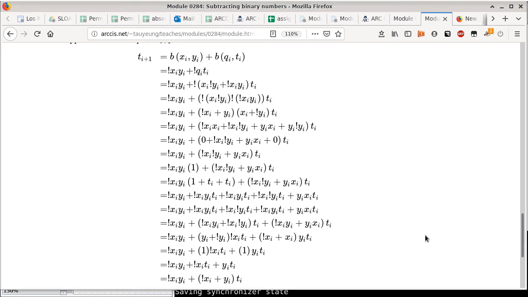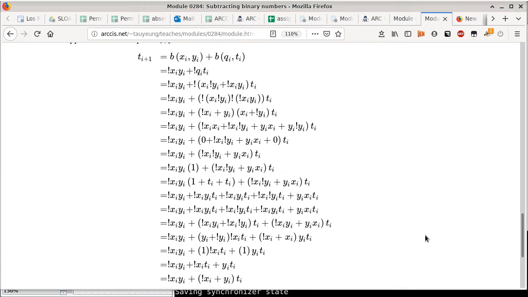First row to second row, that's just how the B function, the borrow function, is defined. From the second row to the third row, that's just how Q is defined. We expand Q. From the third row to the fourth row, we are using De Morgan's law. I take this negation on the outside and the conjunction on the inside, and I apply De Morgan's law.